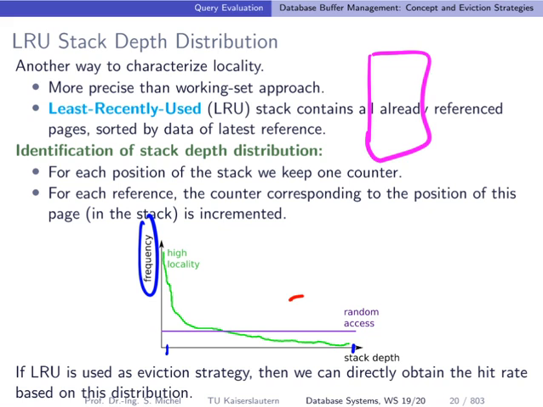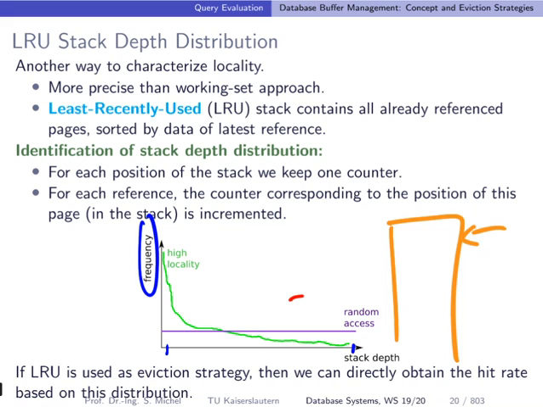If you're looking at this green line, what is called here the high locality distribution, it means that if you're looking at a stack, here's the top position, here's the bottom position, it's more likely to access a page which is positioned at the top of the stack.